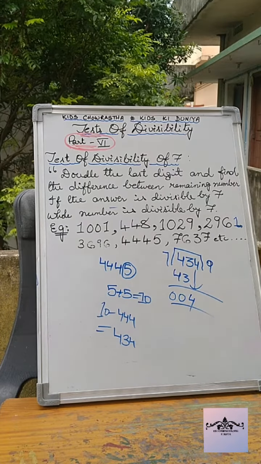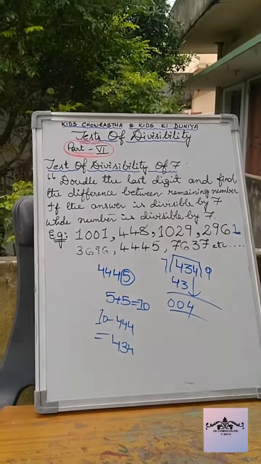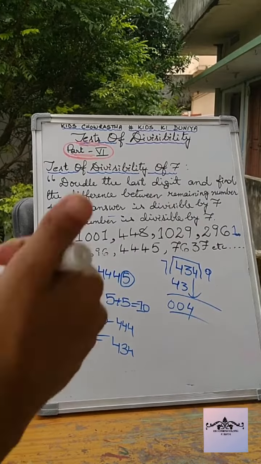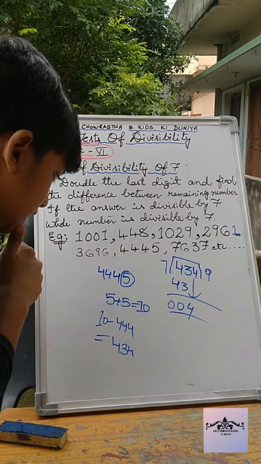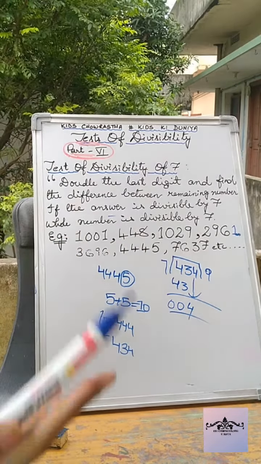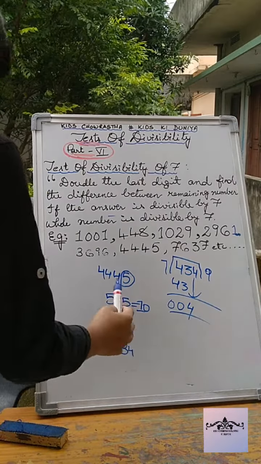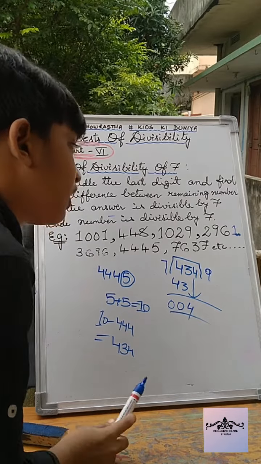Or else let's check it once again. I think I did something wrong. Let's check. Okay, 4445. 5 plus 5 is 10. Right? We have to check the answer if it is wrong. If it is not, we will be in problem again. 10 minus 4 is 6, so 434.